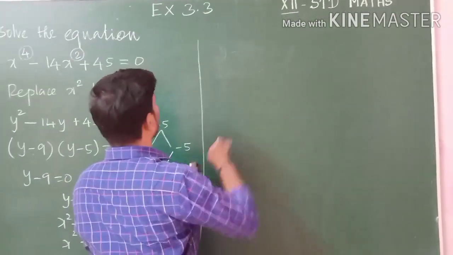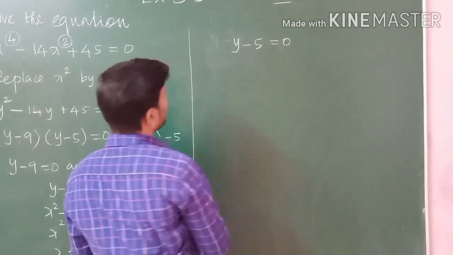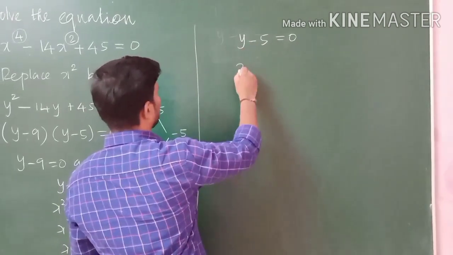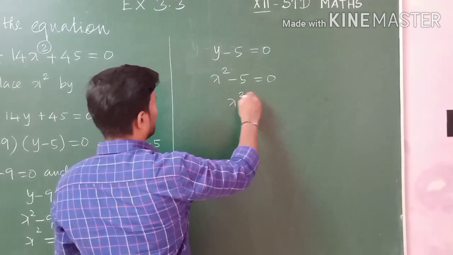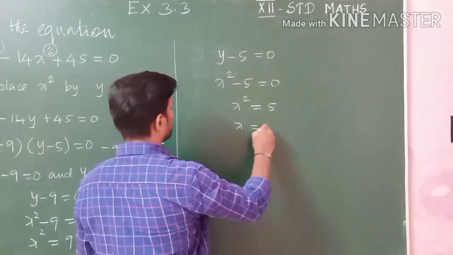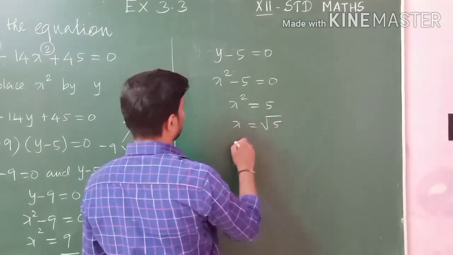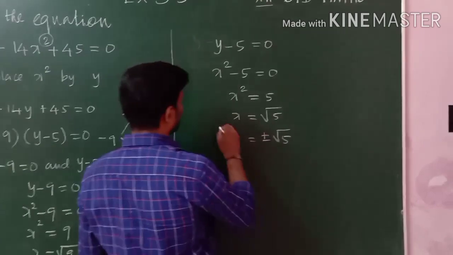And what is our second equation? Y minus 5 equal to 0. What is the value of y? X square. So x square minus 5 equal to 0, x square equal to 5. So here we have to take the square root. The square root of 5 is plus or minus square root of 5.